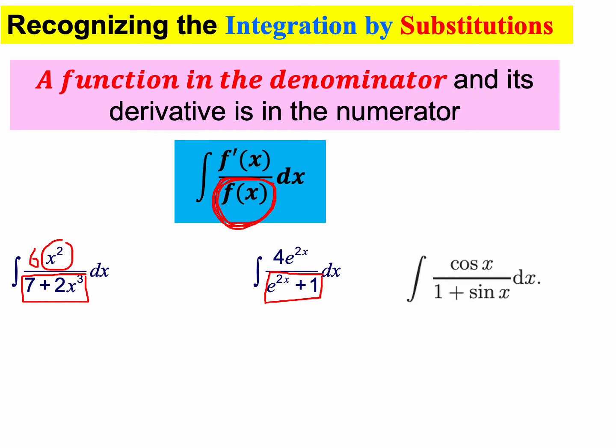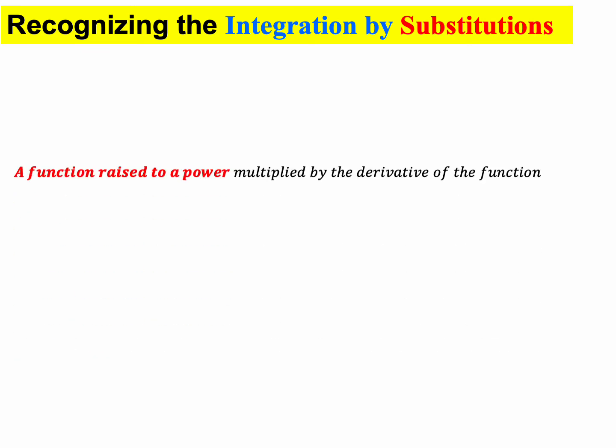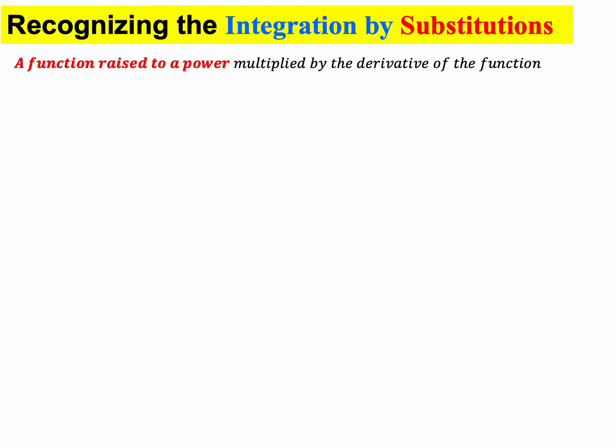And the last example, we have a function. So you need to make sure here that when we have a function only, not a function raised to power, we call it the logarithmic rule.